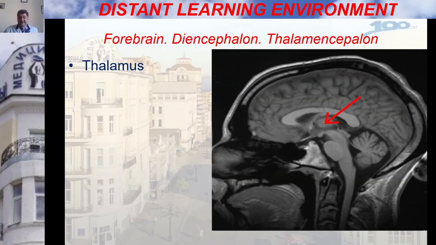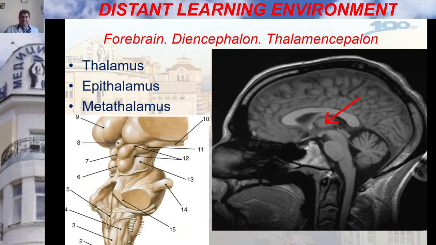The third ventricle is the diencephalic cavity. So you may see the thalamencephalon here and its three parts: thalamus, epithalamus, and metathalamus.